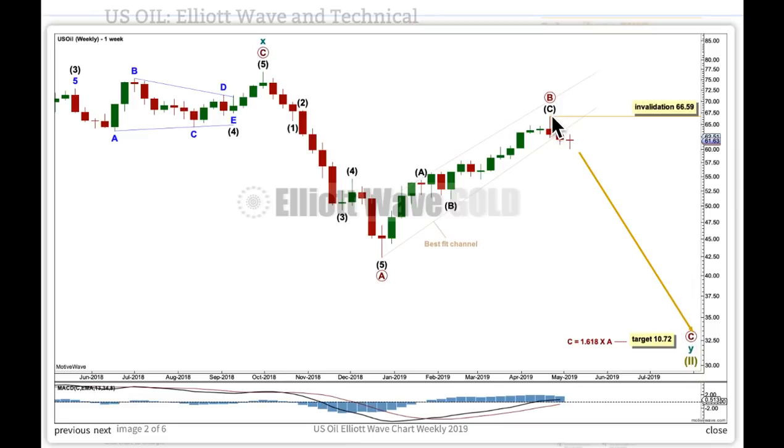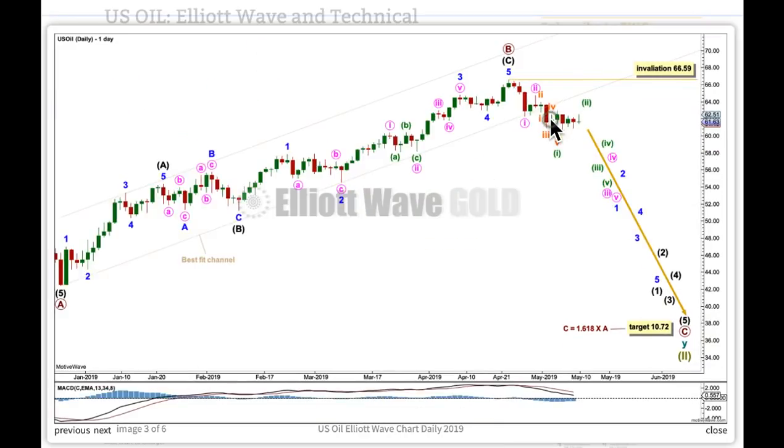When it arrives, the first big bounce for intermediate wave 2 may not move beyond the start of 1 above the invalidation point. Let's take a look at how this is beginning at the daily chart level from the end of primary B up here, this point here.